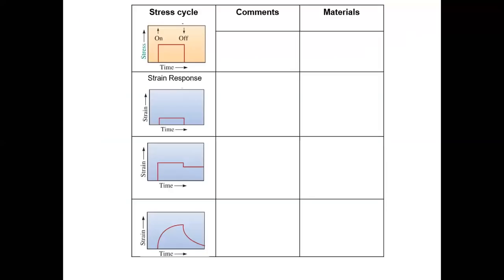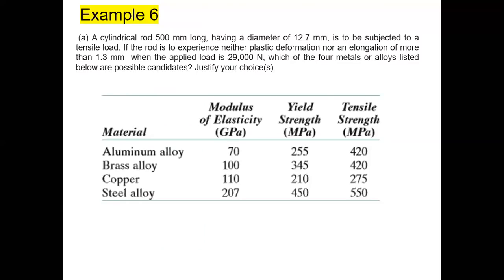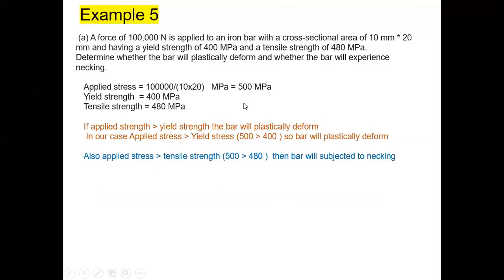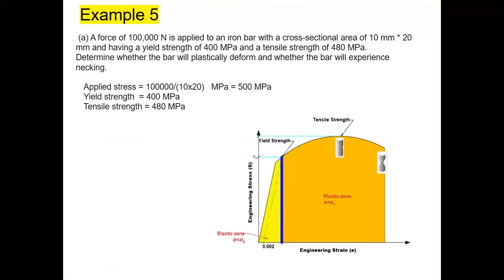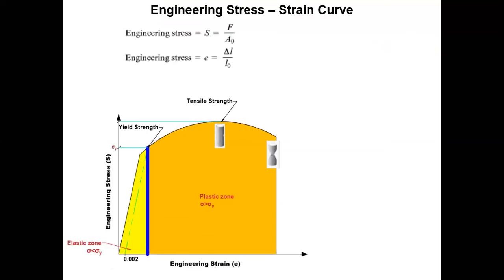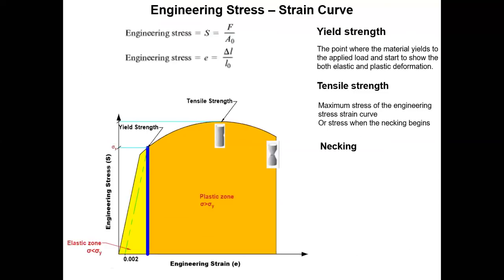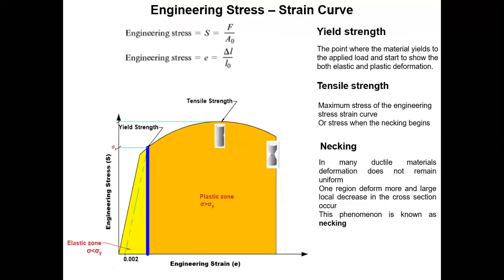I have included one more example, from this engineering stress curve part. So you can try it at home. I left you two examples, one on the Young's modulus relationship, another one on the engineering stress-strain curve.